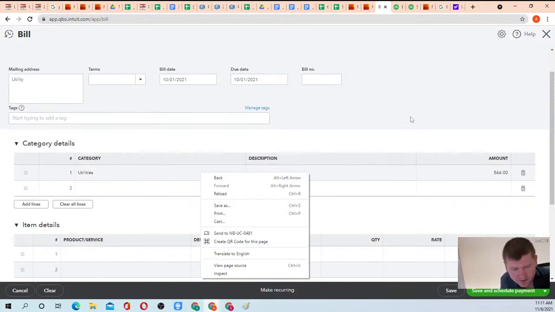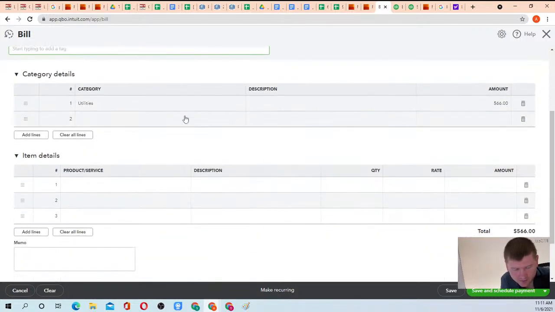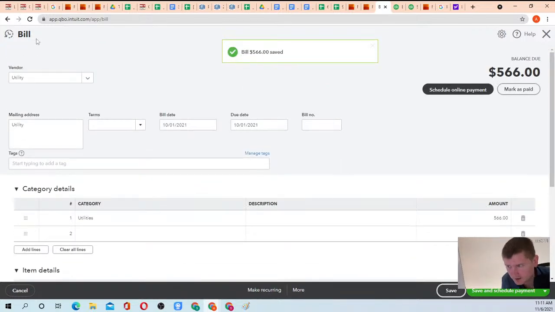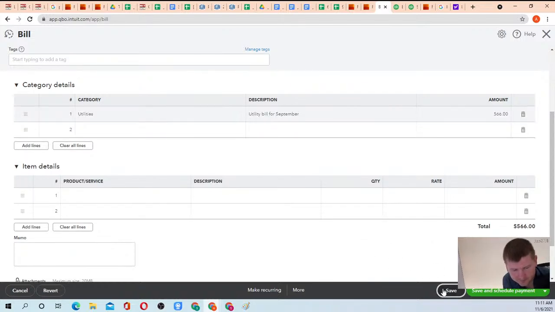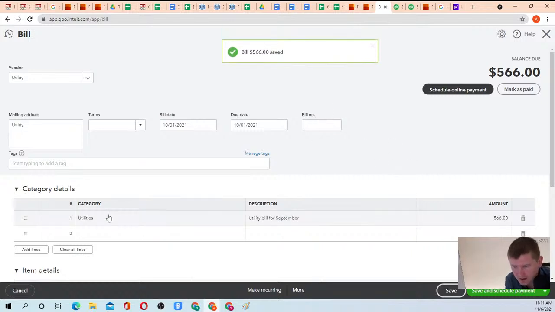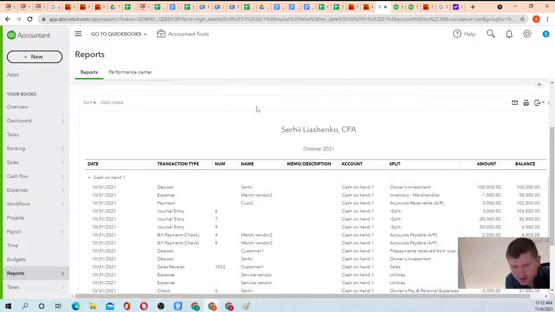So we got a 566 bill, and we reflect it as an expense. Now because it was, let's say, the utility bill for September, we kind of double counted our utility expenses.